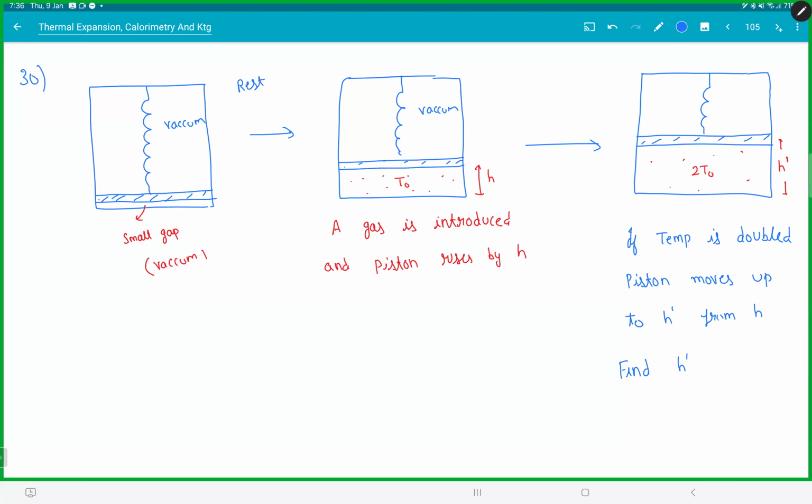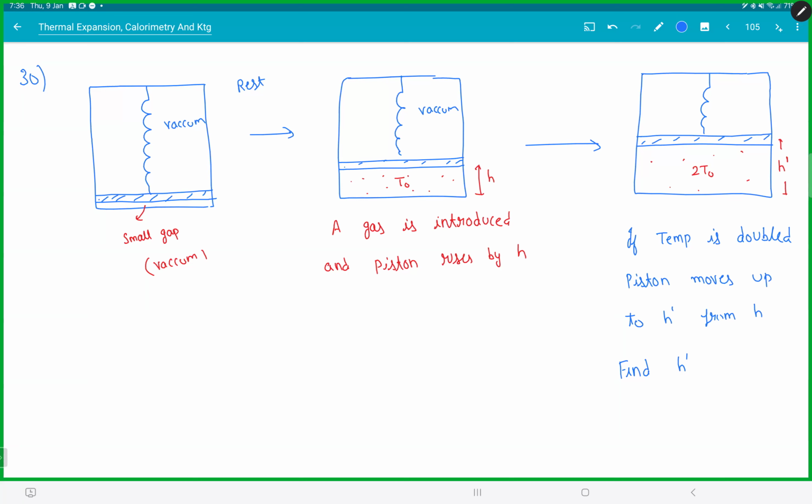Is the scenario clear, everyone? So initially you took a container, complete vacuum. You had one piston, it is hanging with a spring. Now when you introduce some gas at the bottom, it pushed the piston up. You got height h. Now keeping the gas quantity same, you double the temperature by heating it, and the pressure will increase because more temperature. It will push the piston more. It went to h dash. So find h dash in terms of h.